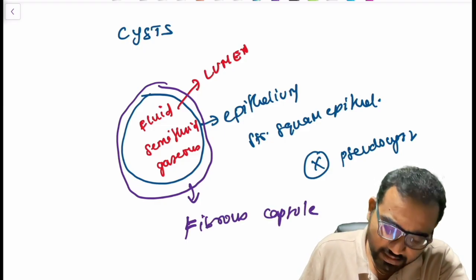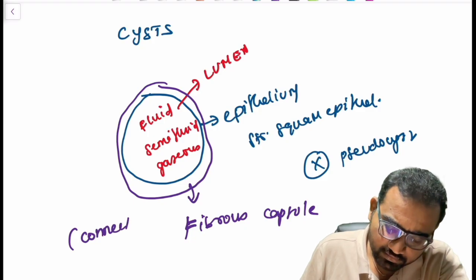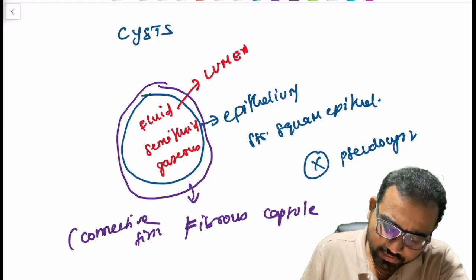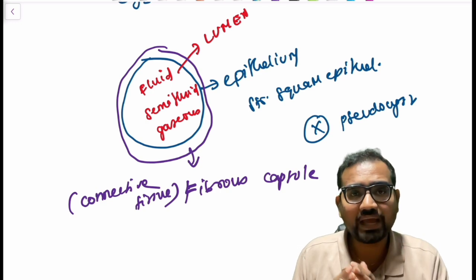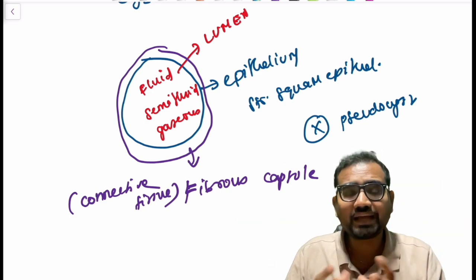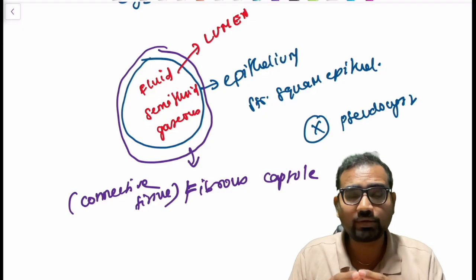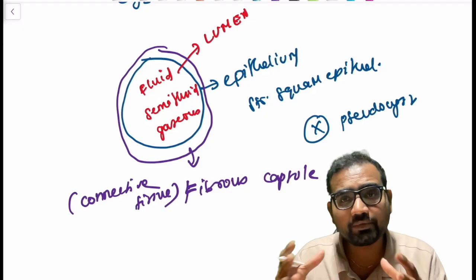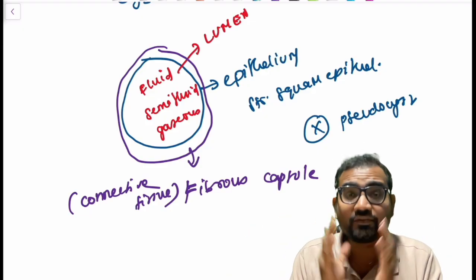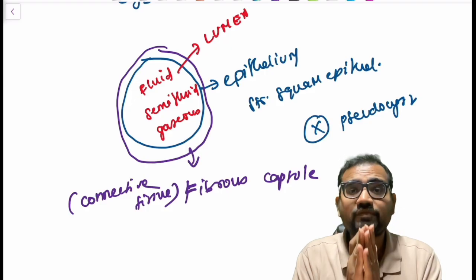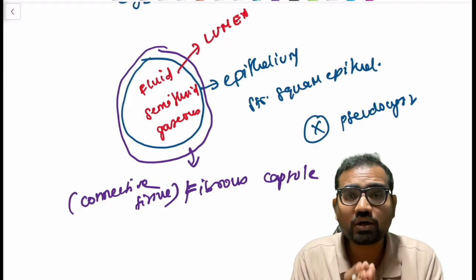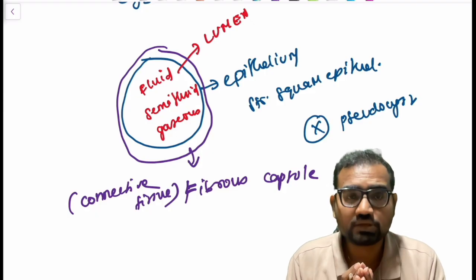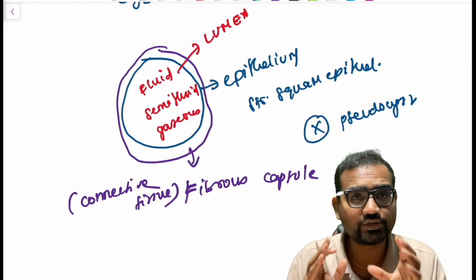This fibrous capsule is nothing but connective tissue. It will show inflammation. So any cyst will have an outer capsule, epithelium and a central lumen. The lumen will have fluid, semi-fluid or gaseous material. Every cyst should be lined by an epithelium. If it is not lined by an epithelium, it is called pseudocyst, and cyst is not accumulation of pus. So this is very basic and you should understand it.